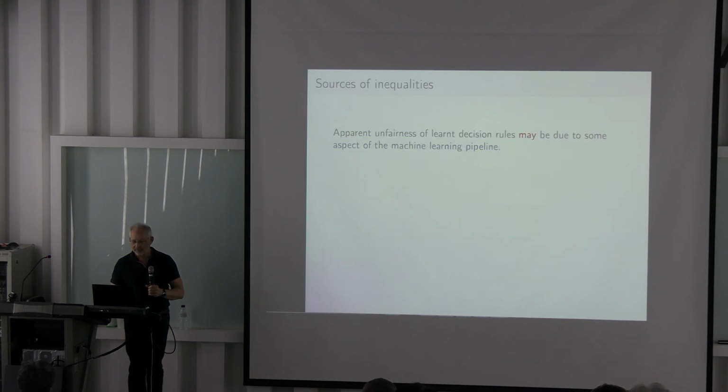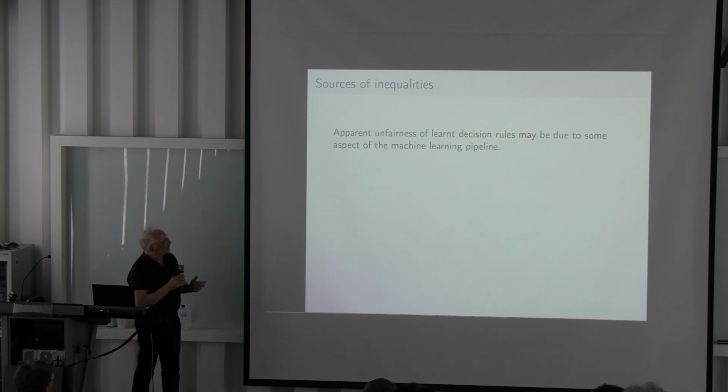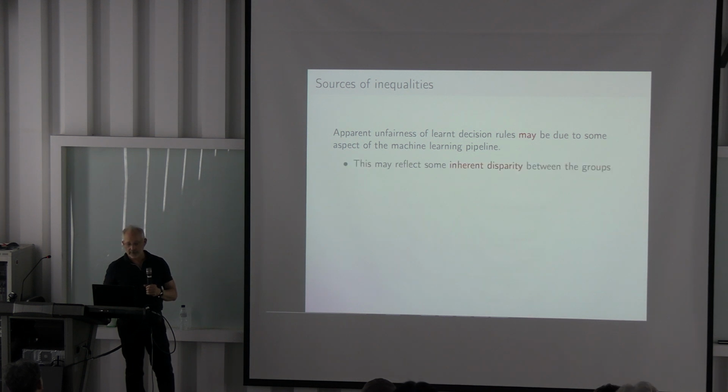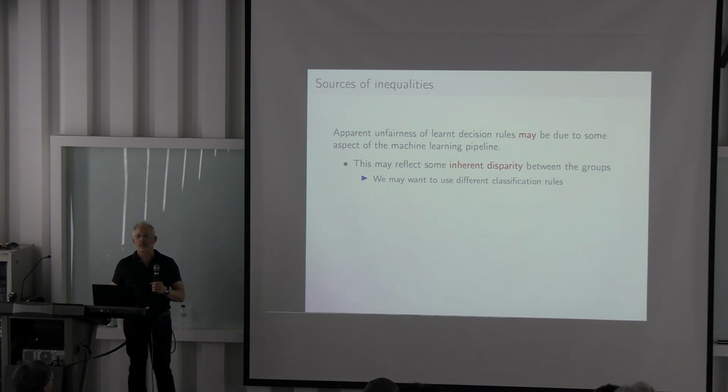I think I will just end with some discussion of what could be sources of unfairness. It could be inherent disparity between populations, so we may want to use different decision rules for different populations.